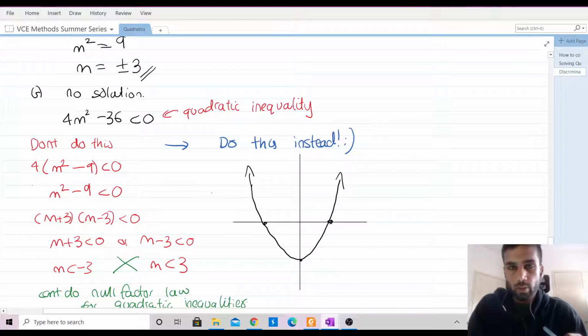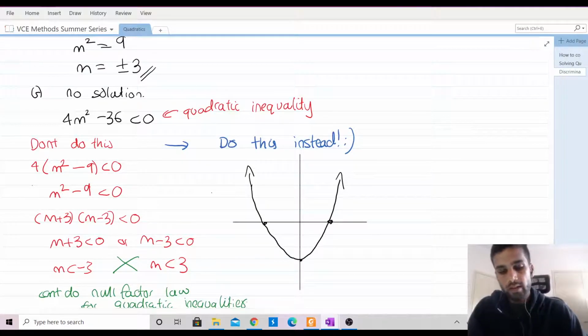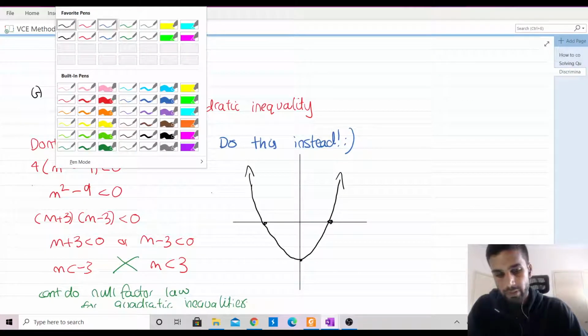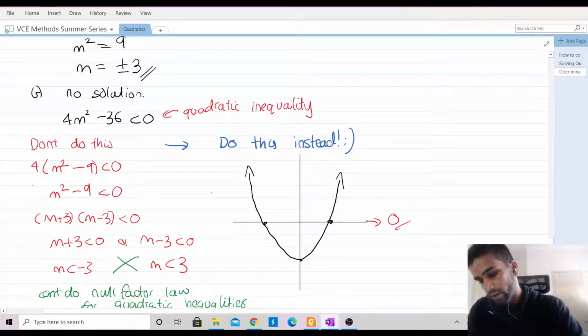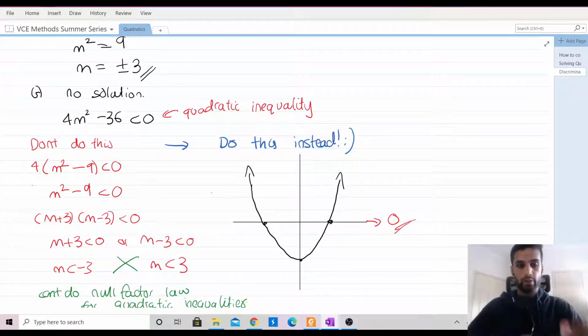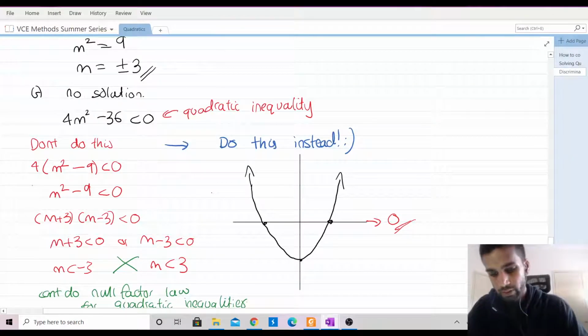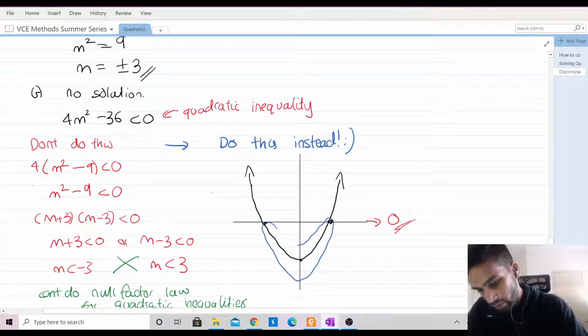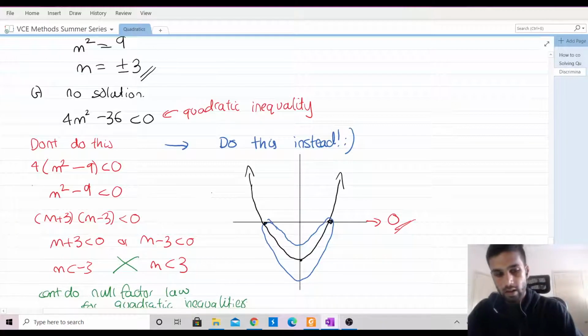And what we do now with this graph is we look at when this graph is less than 0. The 0 point occurs here. So when is the actual curve below 0? The curve is below 0 in this region right here, i.e. between negative 3 and 3.